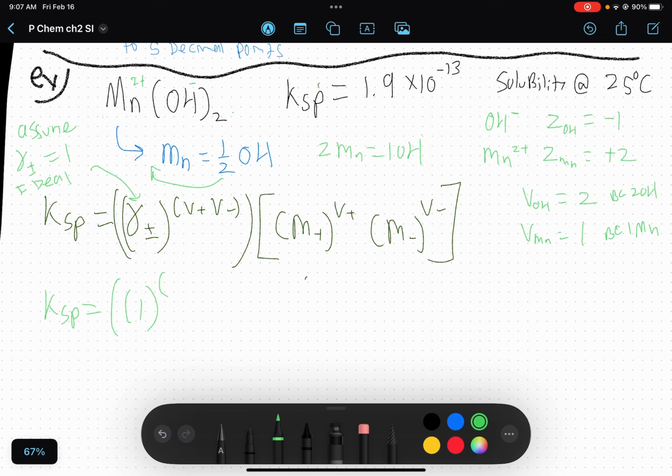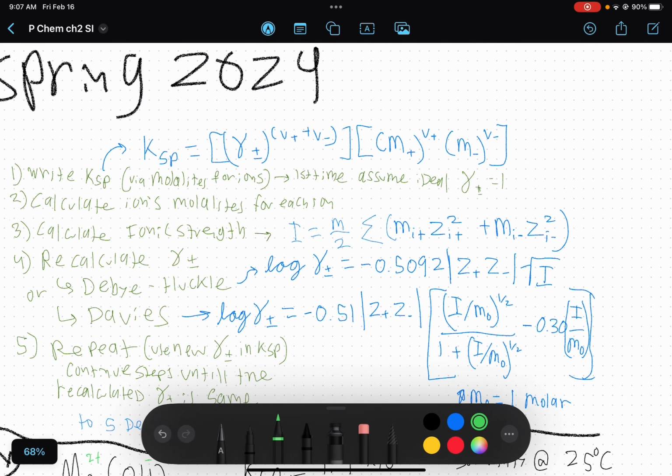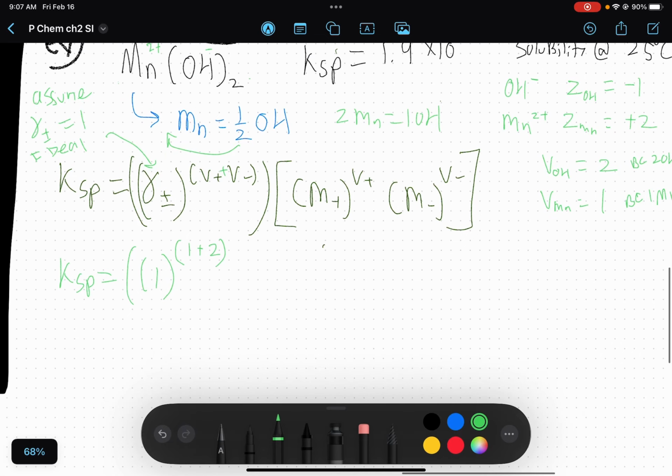No, the 1, the positive. Yeah, positive is 1. I am missing a little plus sign in here. Oh no, it's up there though. I just didn't write it down here.